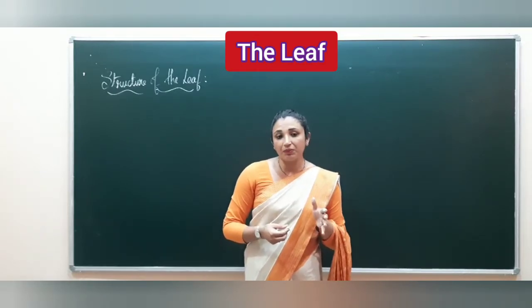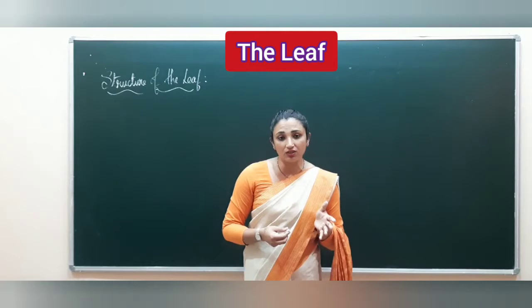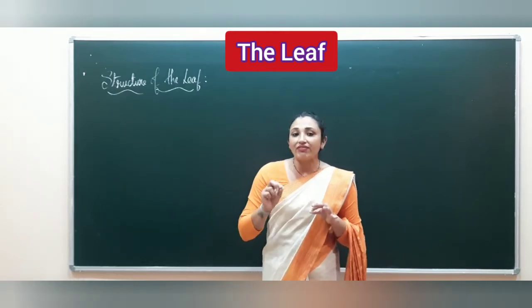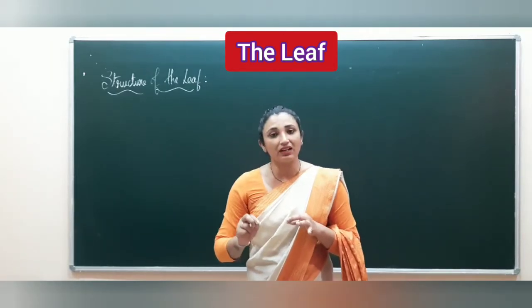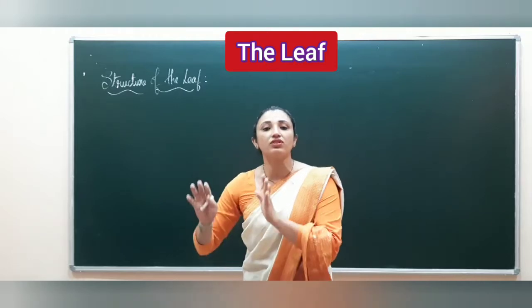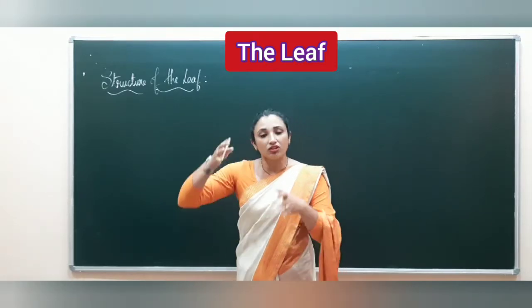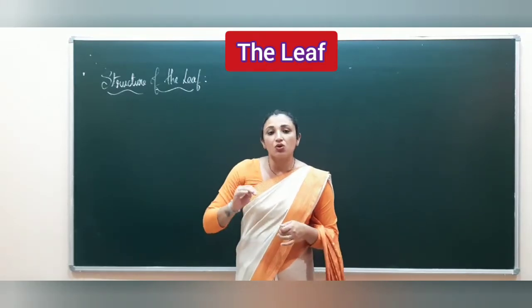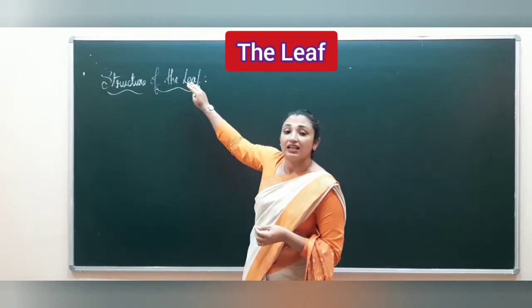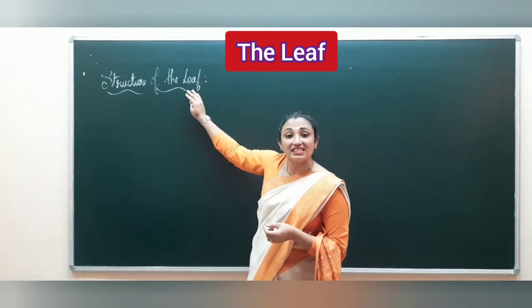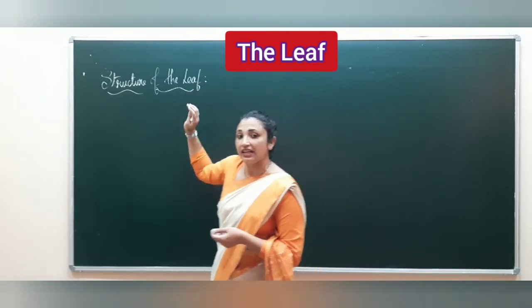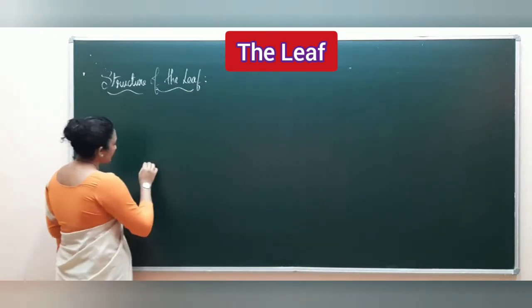I think you all remember the statement. You haven't forgotten yet, no? Okay, so the leaf is a very important part of the plant as it is useful for the synthesis of food for the whole plant body. Today we will learn about the structure of the leaf. Let us go with the diagram first.